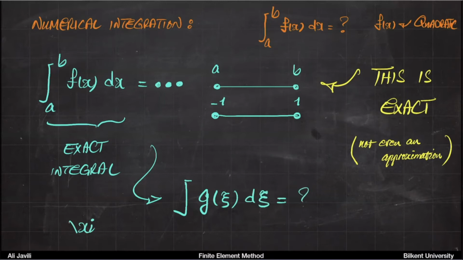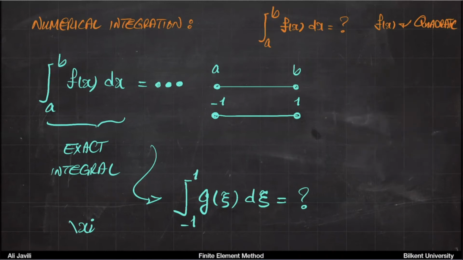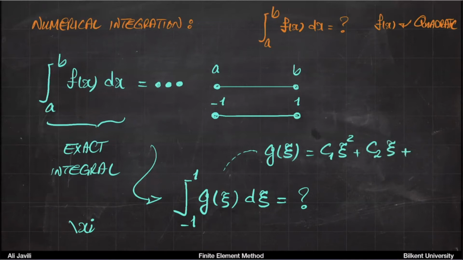So we want to see what that is from -1 to 1, if g was quadratic. Now, a generic form of a quadratic function g in terms of xi would be c1 xi squared plus c2 xi plus c3.